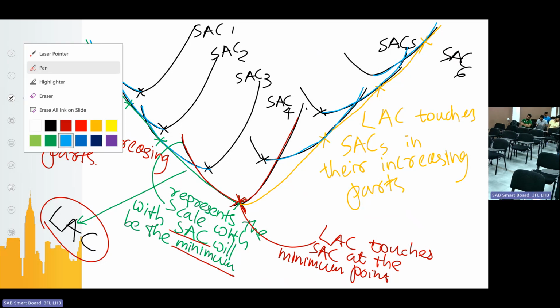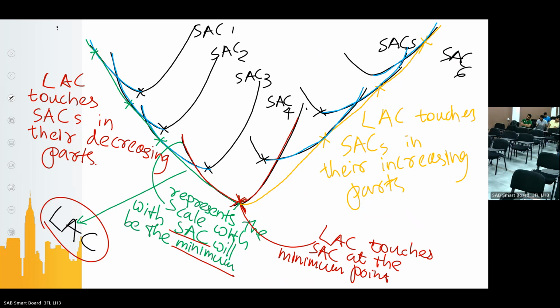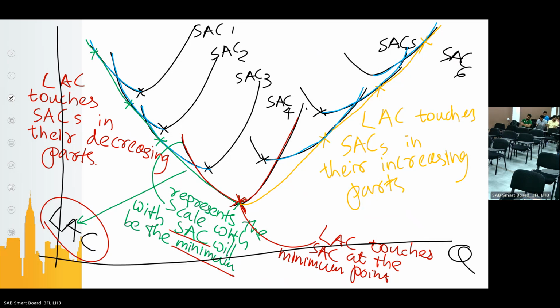So if you draw a graph like this, Q will be here. P values are here.